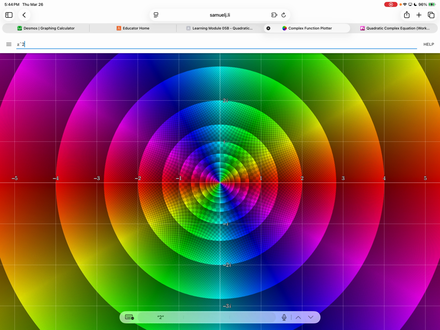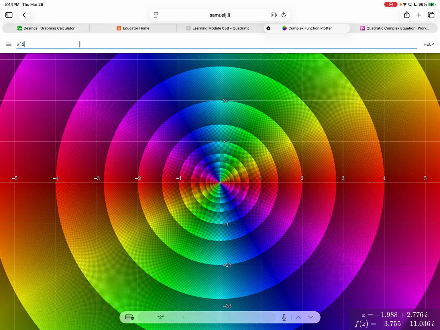But let's do z squared because that's your parabola. This is x squared, but this is 3 out of the 4 dimensions that come out. Now watch this. You know x squared comes down and it touches the origin, right? So the zeros are at the origin. Look where this circle thing happens. You see that? Right there at the origin, yeah? Watch this.